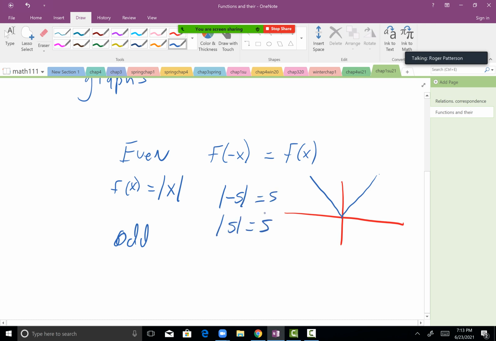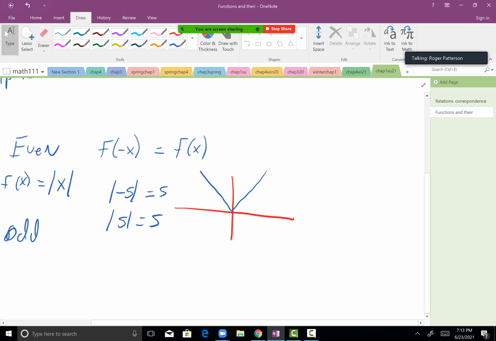So we would say that's an even function because negative x and x are giving me the same y value. Any function that looks like that is going to be even. And the real way to test it is to check to see if it's symmetric over the y-axis.